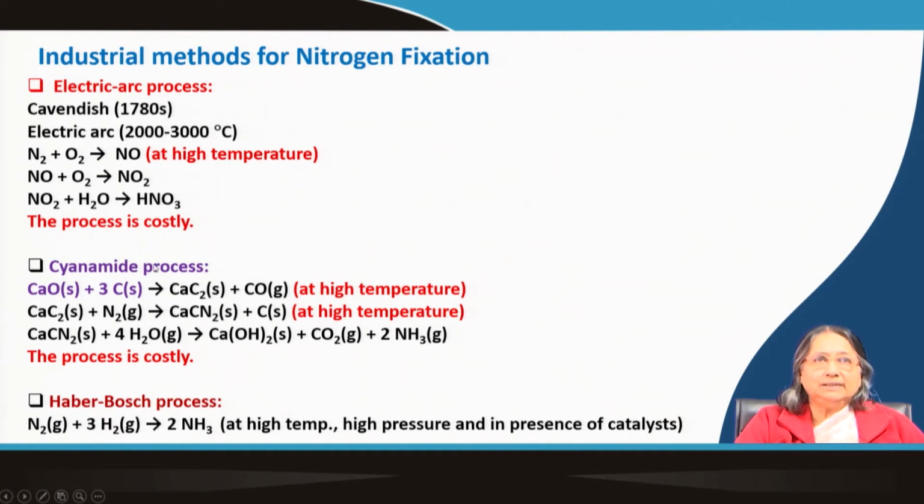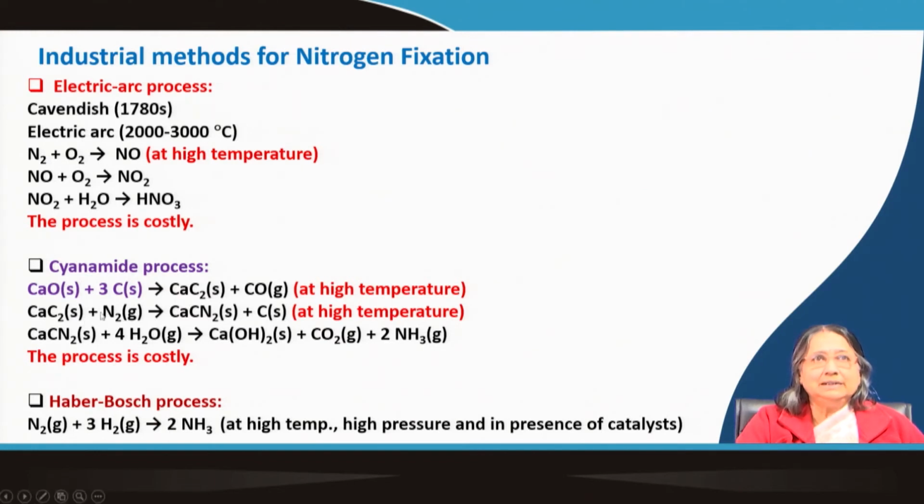And the second process, the cyanamide process. Calcium oxide solid plus carbon, also at high temperature, forms calcium carbide and carbon monoxide, and this calcium carbide reacts with nitrogen, so nitrogen in the 0 state is coming to a combined state. So it is some type of fixation.